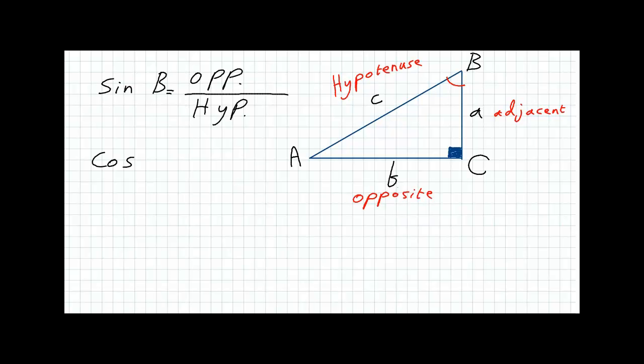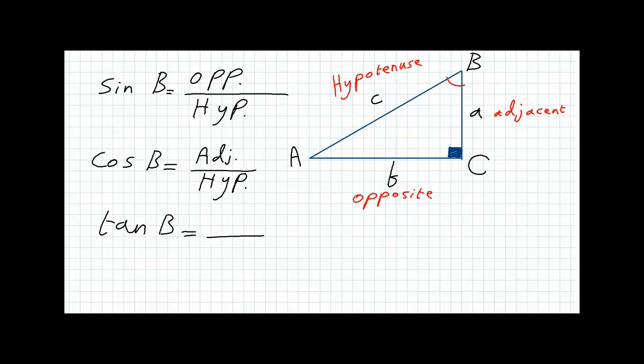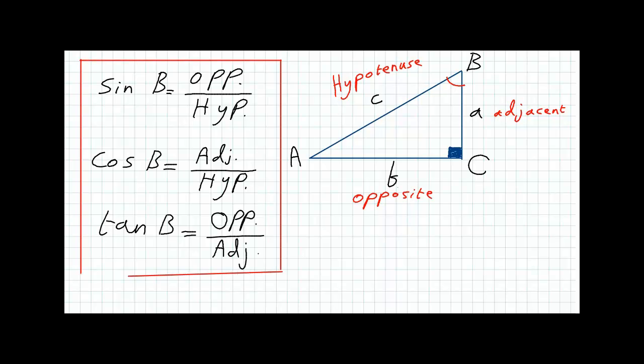The cosine ratio for any angle in a right triangle is equal to the adjacent side divided by the hypotenuse, and the tangent of any angle in a right triangle is going to be equal to the opposite side to this angle over the adjacent. These three ratios are so important for us in this lesson. Let us now take some examples on this.